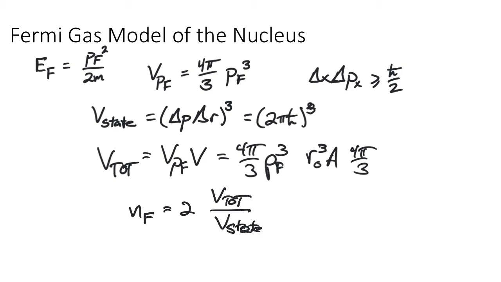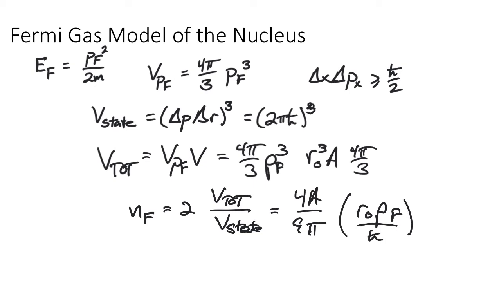And when we calculate that, plugging in from above, we find that this is 4A, the number of nucleons A, over 9 pi times r0 times p Fermi divided by h bar, all of that cubed.